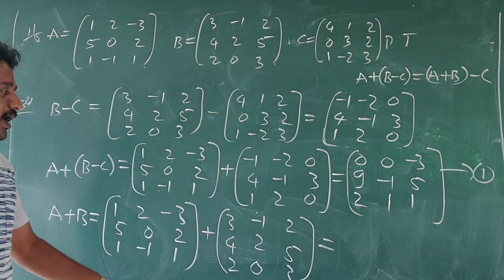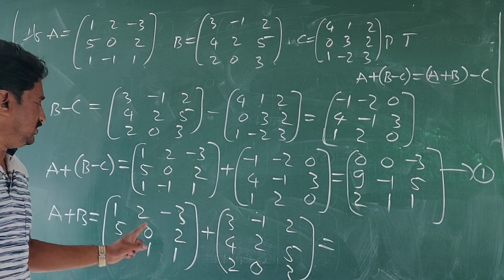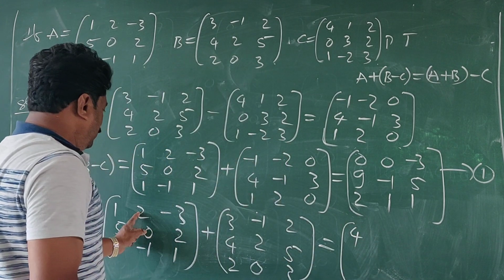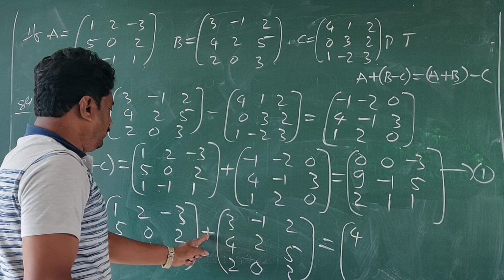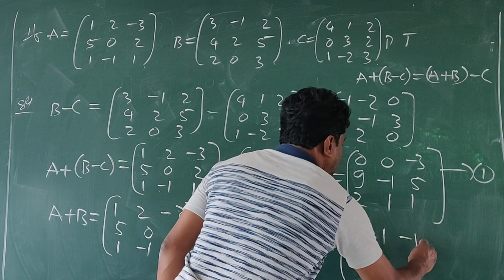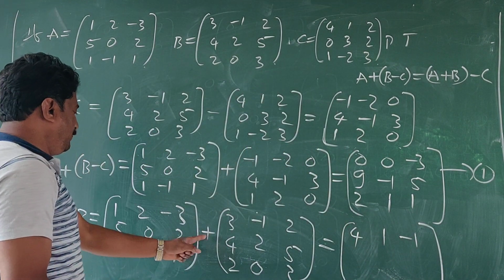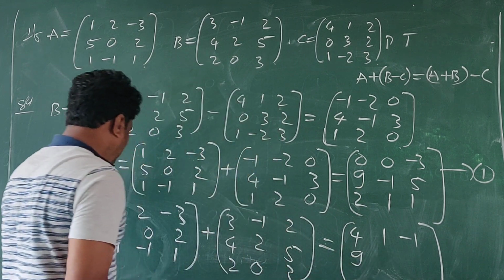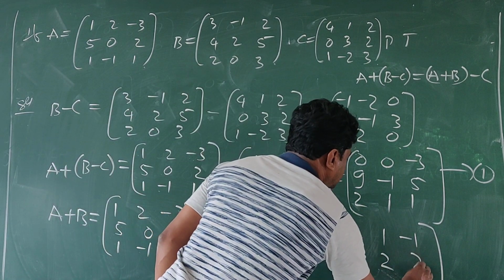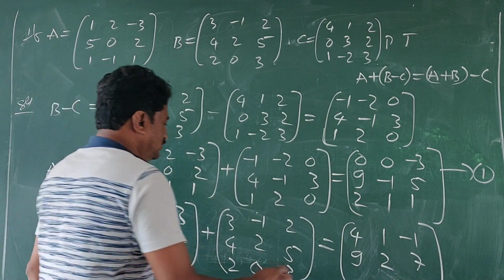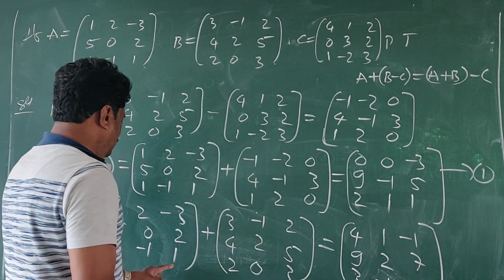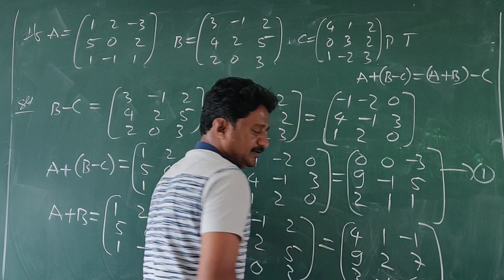Now add these two. 1 plus 3 is 4. 2 plus (-1) is 1. -3 plus 2 is -1. 5 plus 4 is 9. 0 plus 2 is 2. 2 plus 5 is 7. 1 plus 2 is 3. -1 plus 0 is -1. 1 plus 3 is 4.